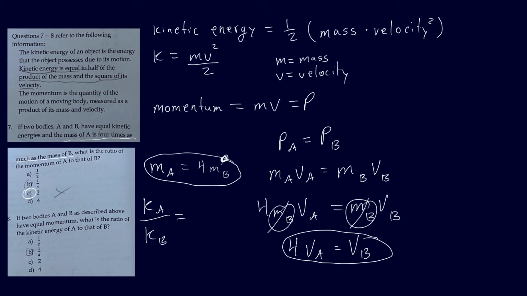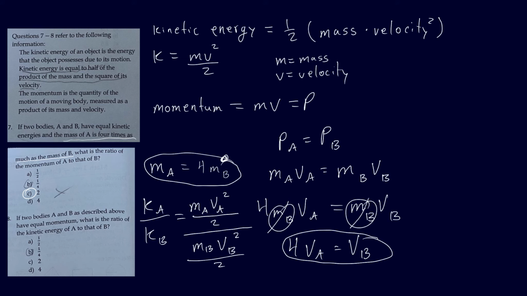The kinetic energy is equal to half times the mass times velocity squared, or mv squared over 2. So I'm going to rewrite the mass and velocity with the subscripts for each one of these kinetic energies into a fraction. So mass of A times the velocity of A squared over 2, over the mass of B times the velocity of B squared over 2.